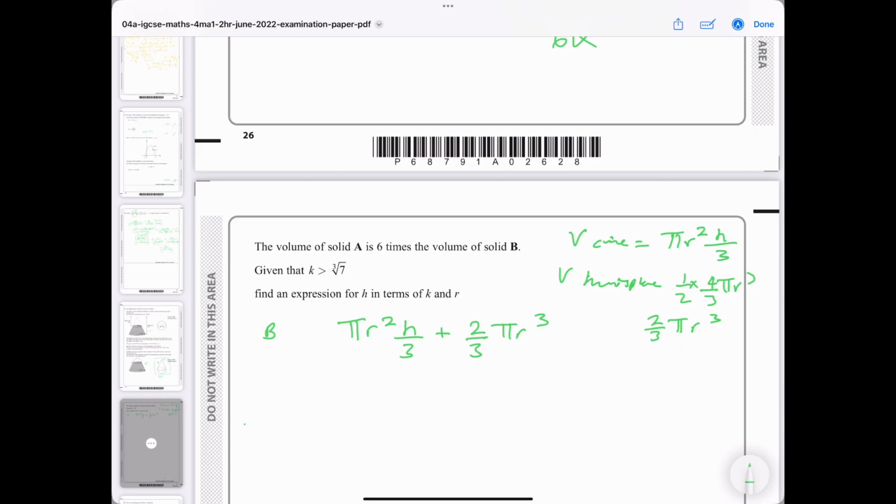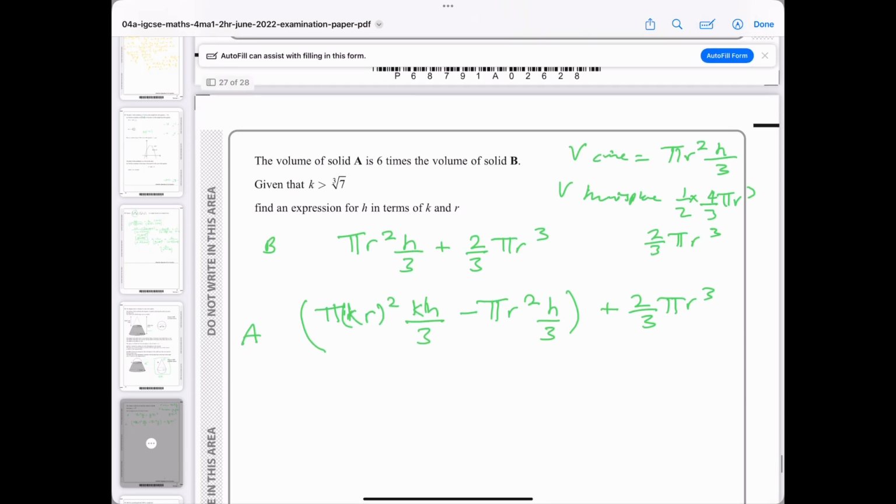Right, so the volume of A is going to equal pi times k r squared, then times k h over 3, minus pi r squared h over 3, plus 2/3 pi r cubed.